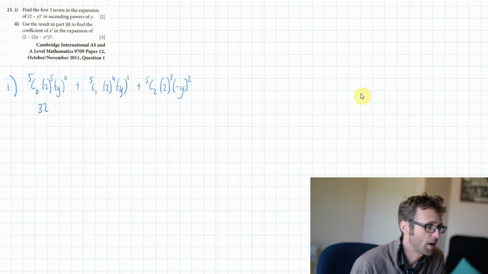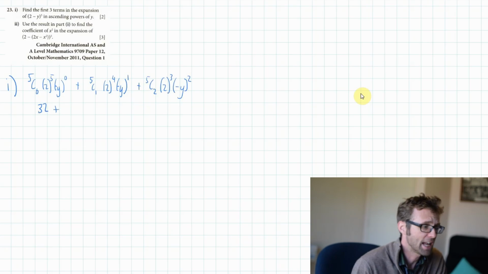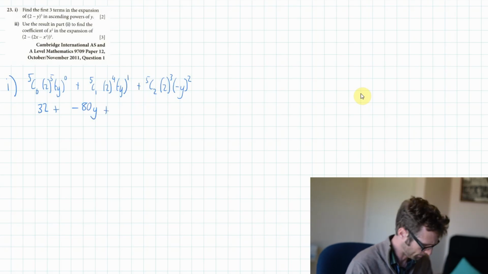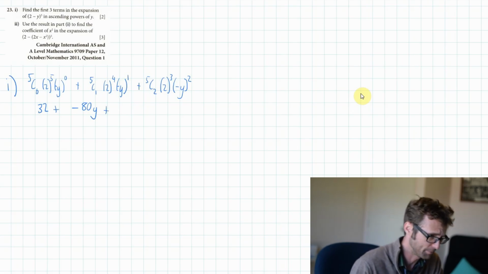My next term, 5 choose 1 is 5, and I'm going to go 5 times 2 to the power of 4, which is 16. 5 times 16 is 80, and then I've got this minus y, so it'll be minus 80y. My final term is 5 choose 2, multiplied by 2 to the power of 3, so that gives me 80y squared. Done. That's my first step.